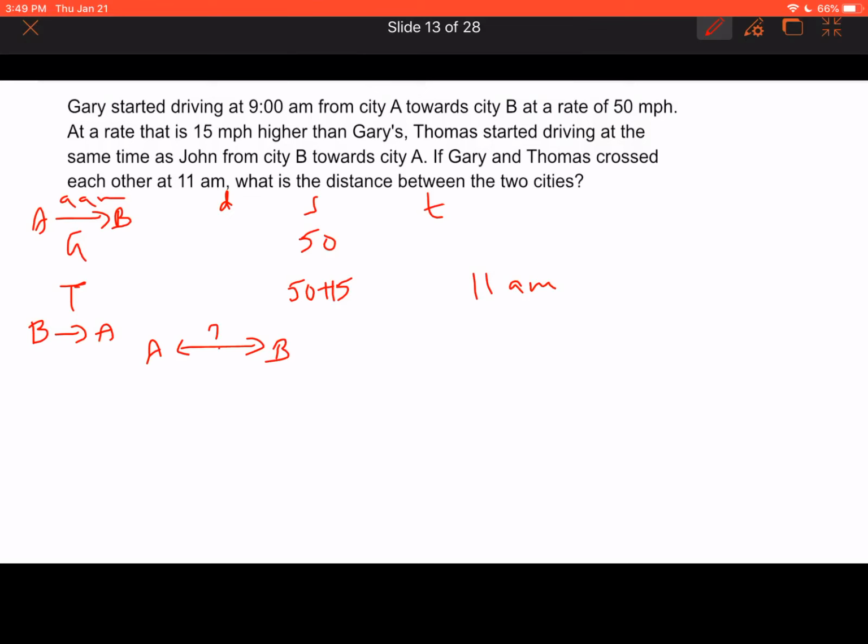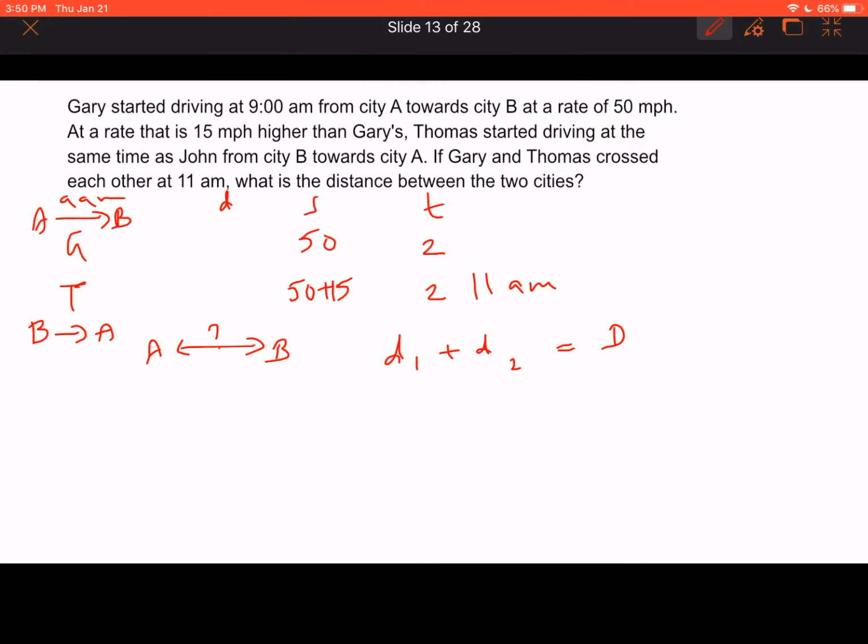Okay, distance between the two cities. They started at the same time, that is 9 a.m., and they met each other at 11 a.m. So the time taken for them to meet each other is 2 hours. Now we know the timing. What we know is distance 1 plus distance 2 is going to be the total distance.